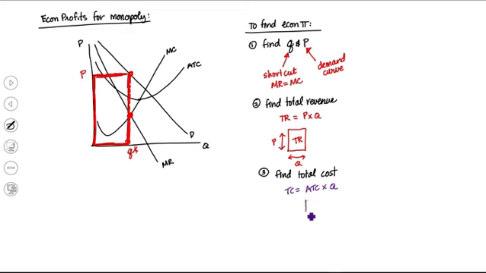So I'm looking for a box which is going to represent total cost, and it's going to have a height of average total cost and a length of Q, right? To find average total cost, remember I start at my output level and I go straight up to the average total cost curve.